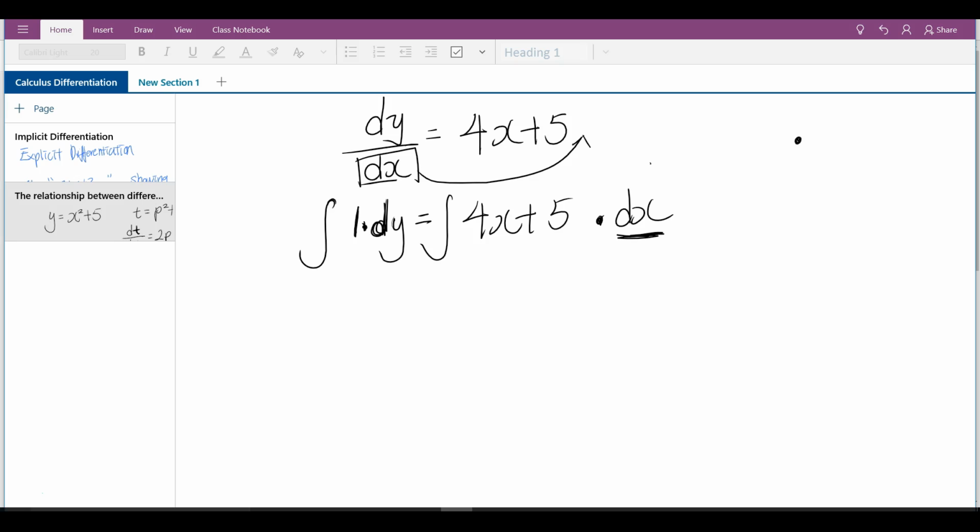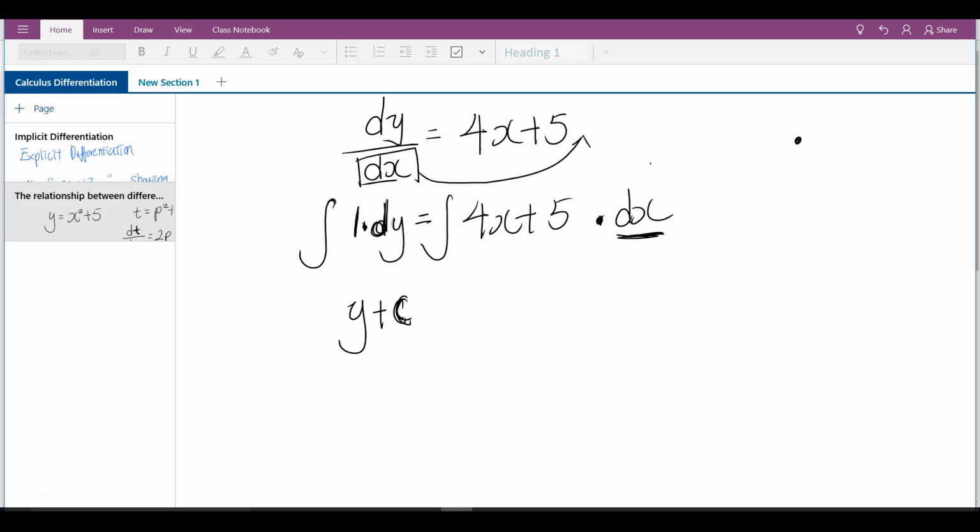What you get is easy. You get y. You're supposed to get y plus c, but we're going to collect all the c's together and put them on one side at the end. Let's keep it there just to let you see what actually happens.